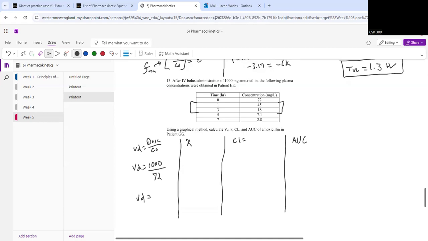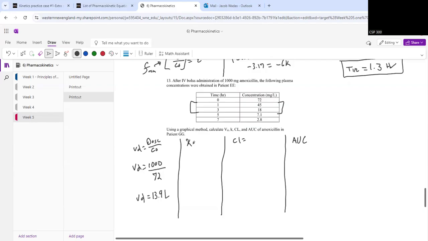If the question's asking for amount, then you're fine. But there was a question earlier where we didn't know our initial concentration, but we knew the dose and VD, where you then had to calculate your initial.